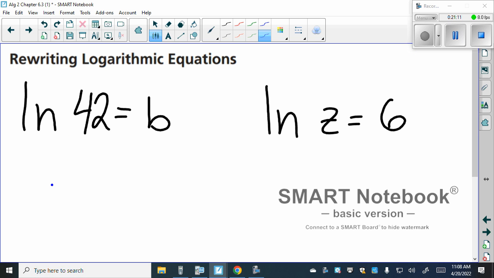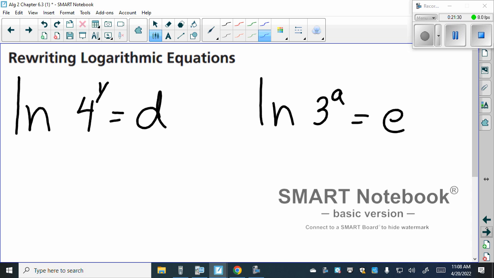So exponential it would be e to the b equals 42. ln of z equals 6. e to the 6 equals z. ln of 4y equals d would be e to the d equals 4y. ln of 3a equals e would be e to the e equals 3a.